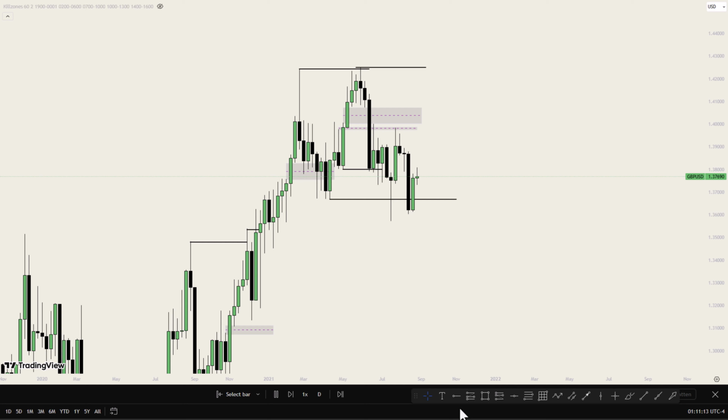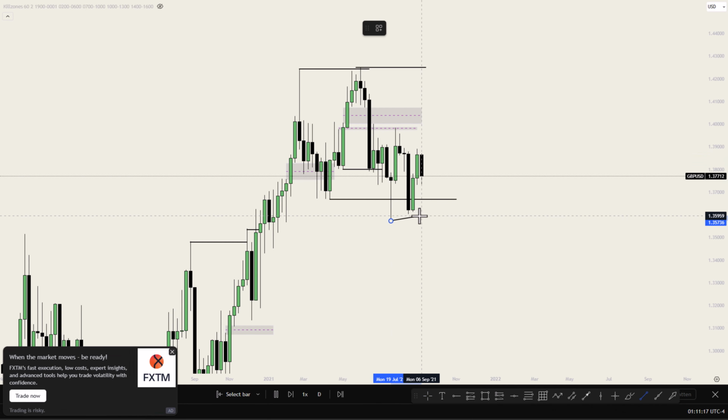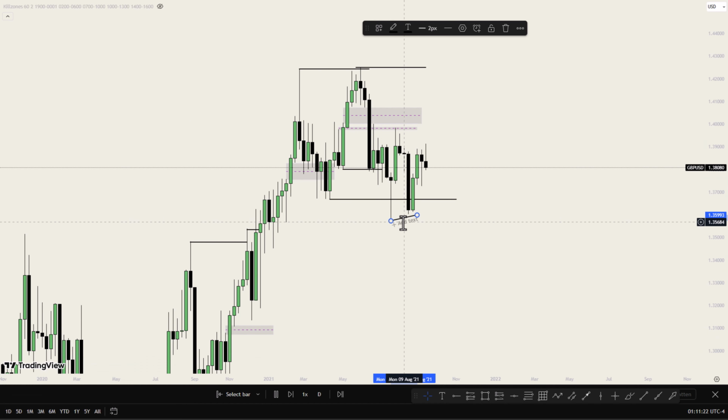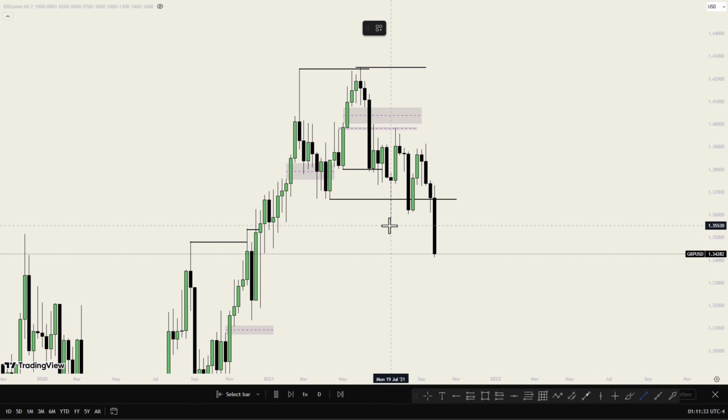We see price creating a failure swing here, which is also a draw on liquidity, but we're expecting price to take out internal range liquidity or come back to take out external again. So we see price reacting at the level, consolidating. So we see price taking out external range liquidity here.